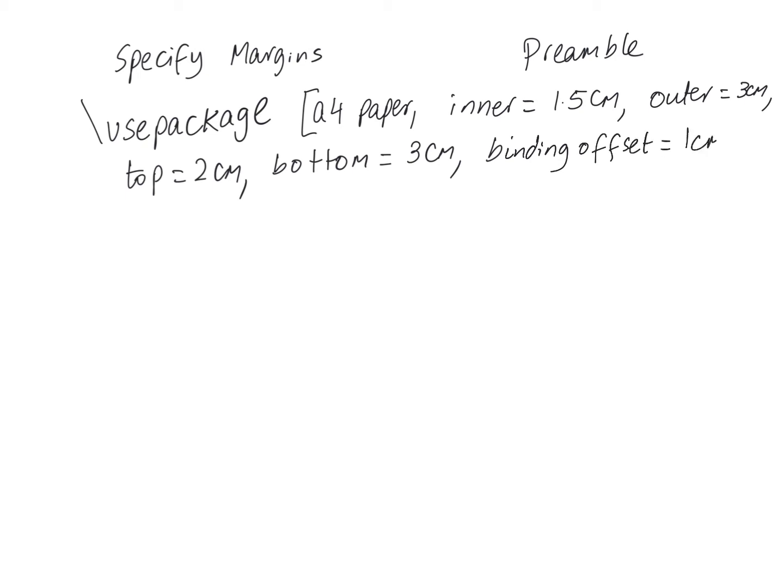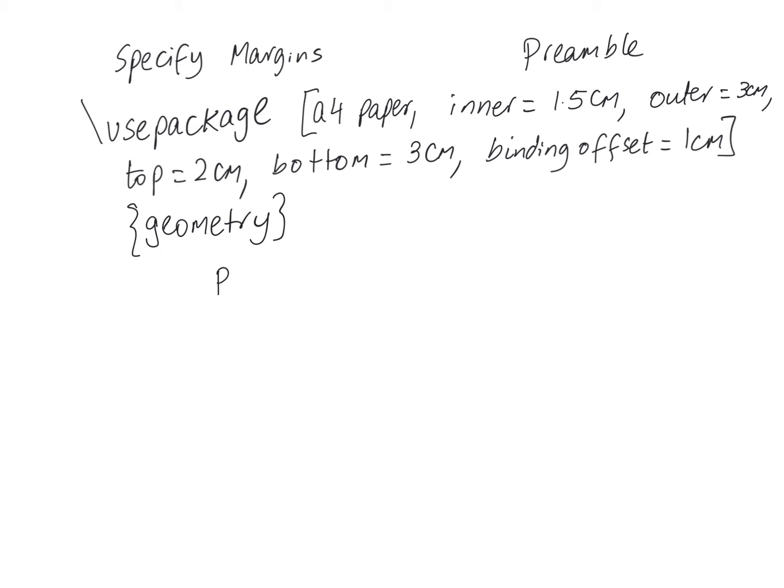And binding offset, let's say 1 cm. And you close this and let's open the package geometry. Now if you use this, your page will design this way. Your writing will come in this space that you're describing. So geometry provides several options to set the paper size and the orientation.